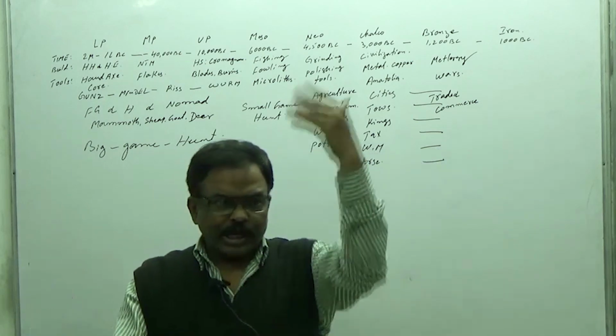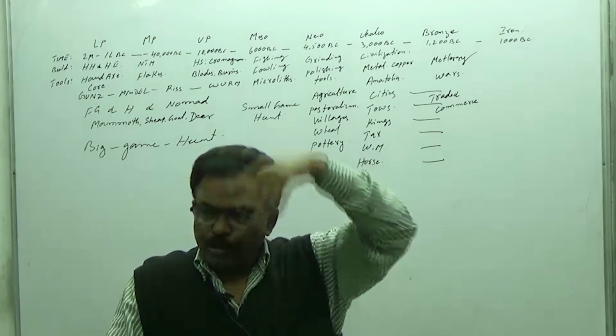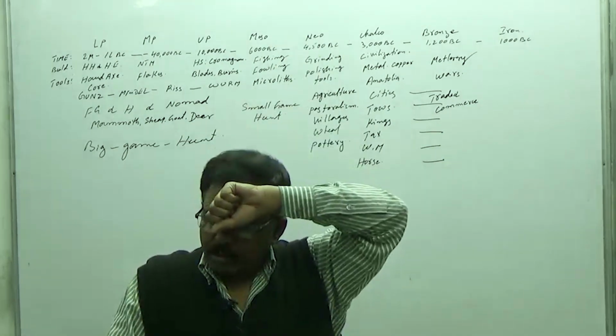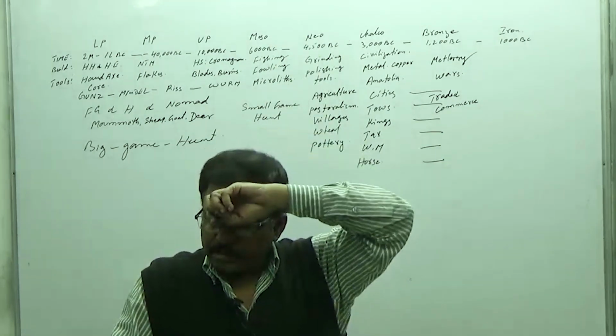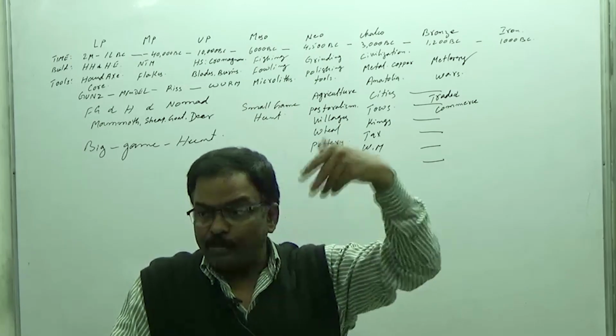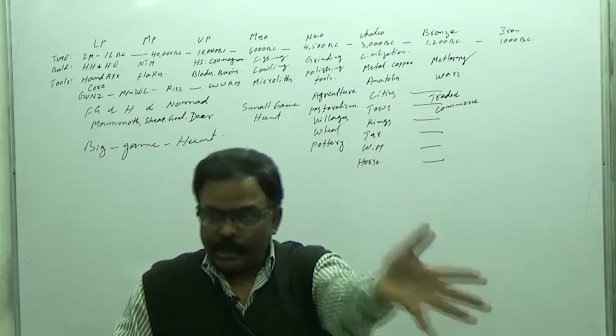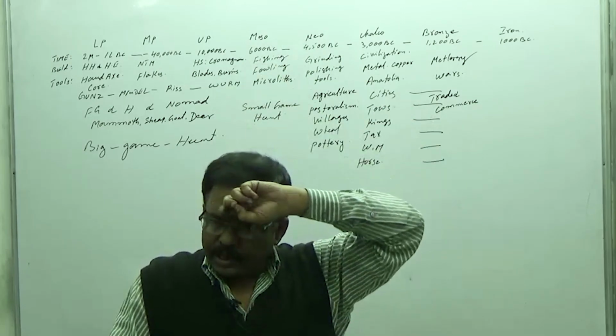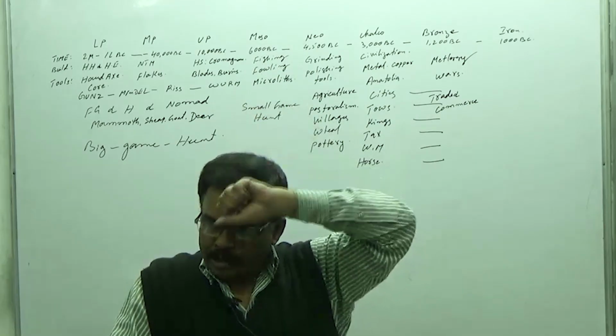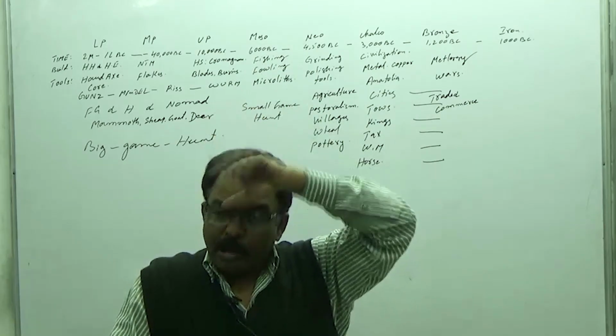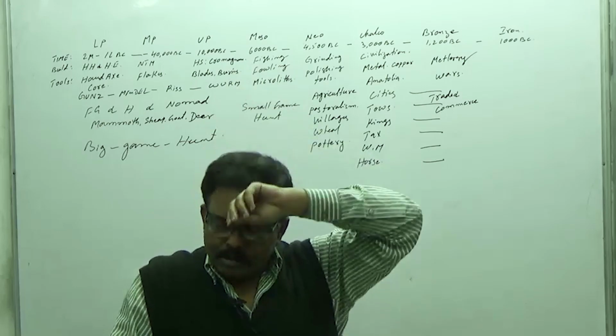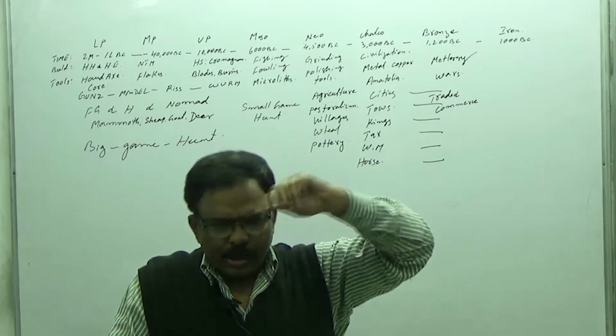So, to enhance trade, to improve agriculture, to impose more and more tax, definitely these kings or priests, whatever, encouraged agriculture, trade, commerce, public roads, public buildings, dams. Society became complex.